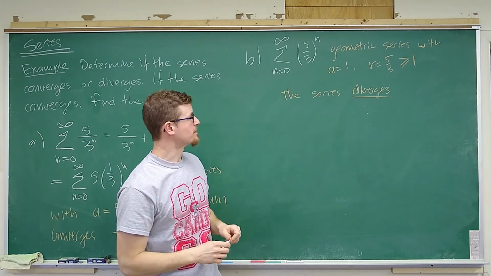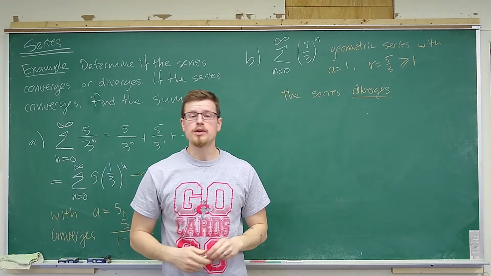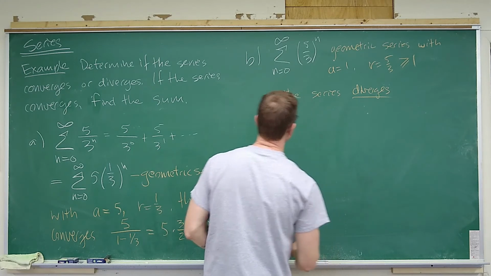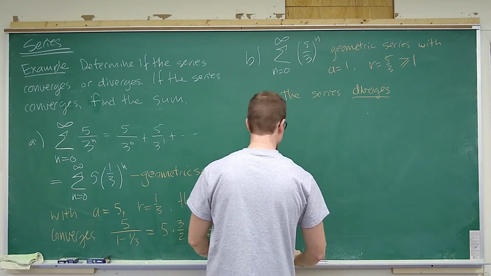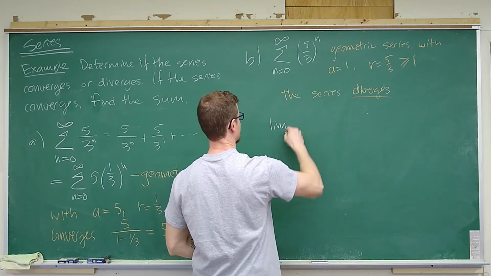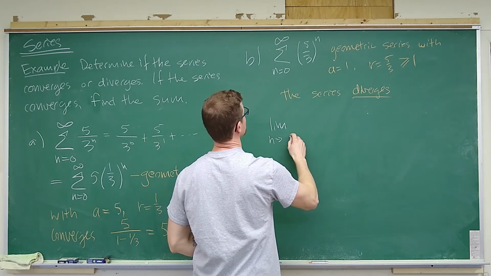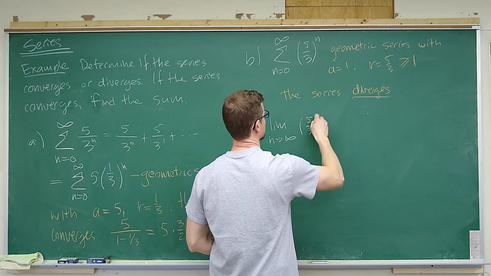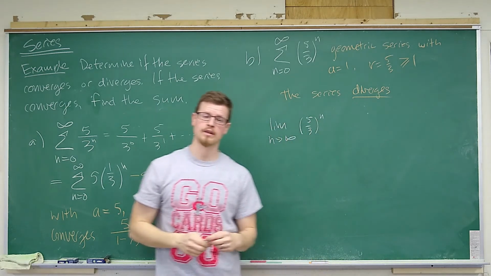Alright, so we know the series diverges. Now, for this example, we could also look at it in a different light. We could look at it as the limit as n goes to infinity of 5/3 to the n.